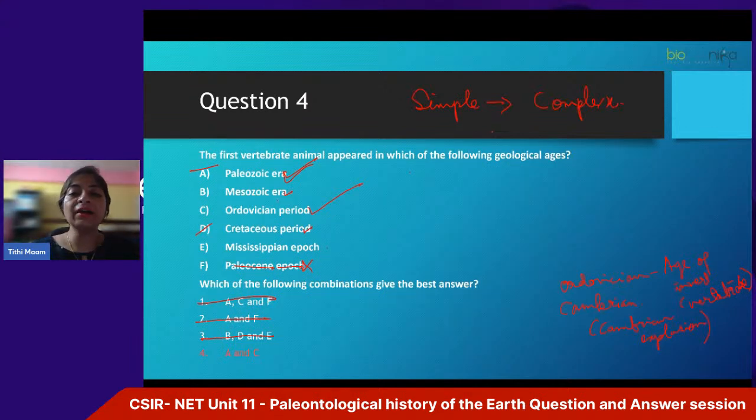Those groups are eons, then eras, then periods, and then epochs. Why am I writing this greater than or less than sign? Because one eon will have many eras, one era will have many periods, one period will have many epochs. Like this, the division has been done.